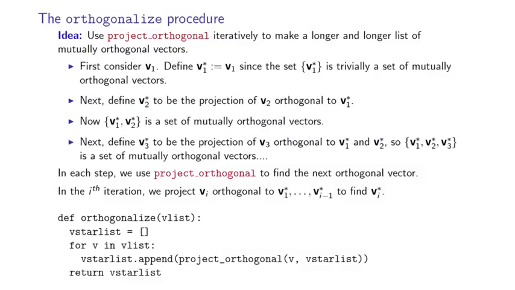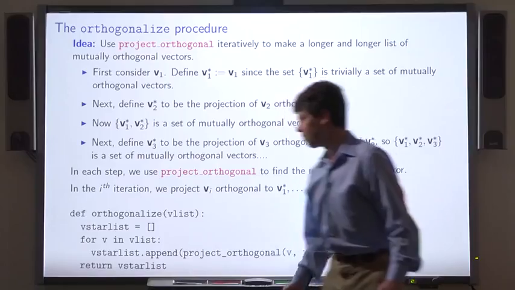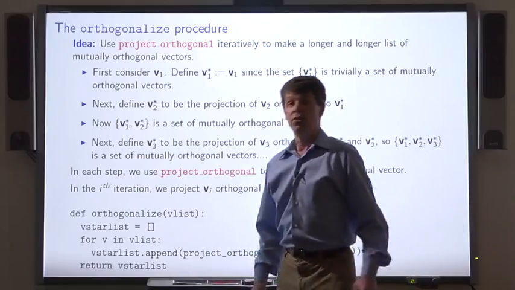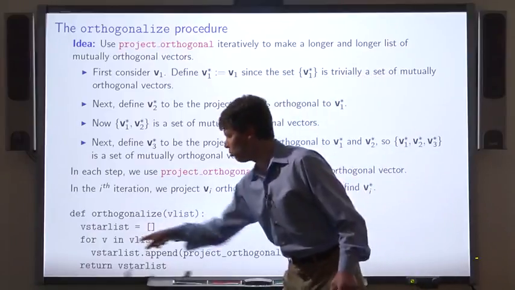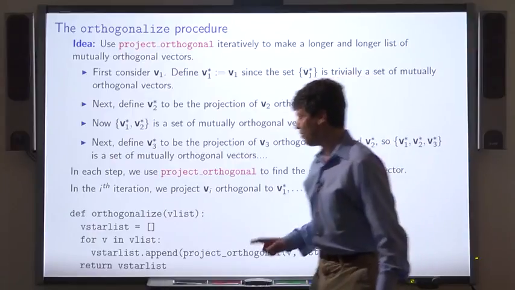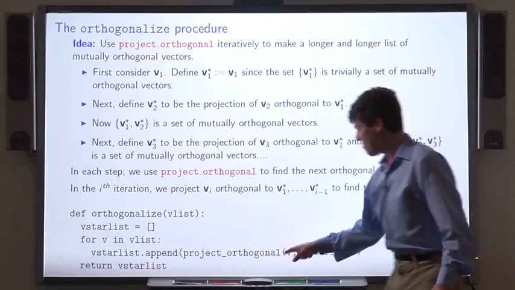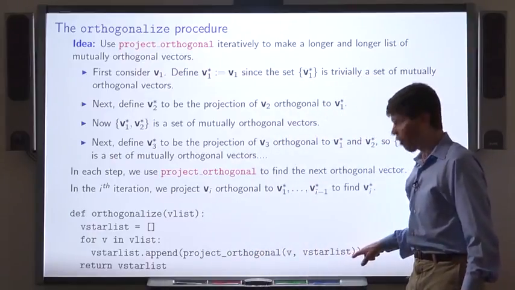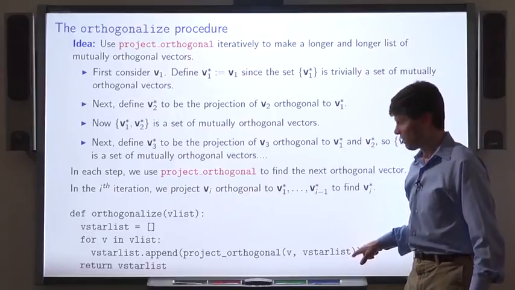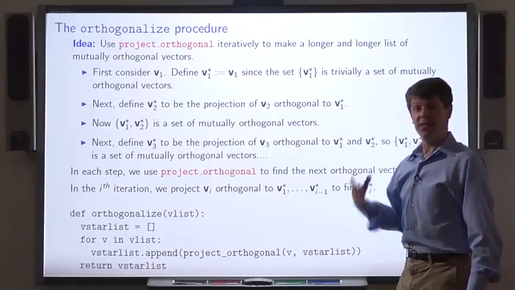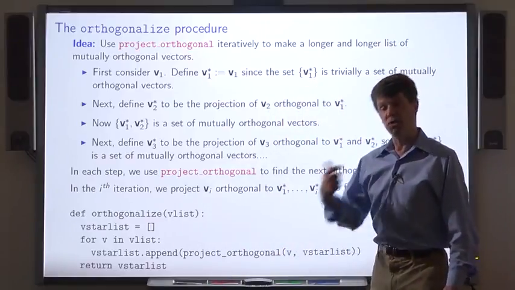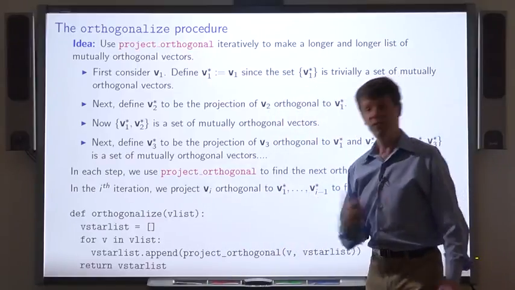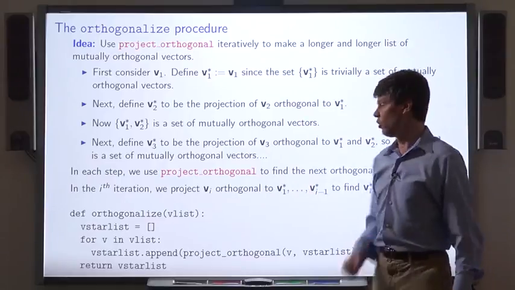So here's the procedure. It's given a list of vectors, v-list. Initially, the list of mutually orthogonal vectors is empty. The procedure iterates through the vectors in v-list, and for each one, projects that vector orthogonal to the vectors already in the list of mutually orthogonal vectors, vstar-list, takes the result and appends it to vstar-list, preserving this property that all the vectors in vstar-list are mutually orthogonal.